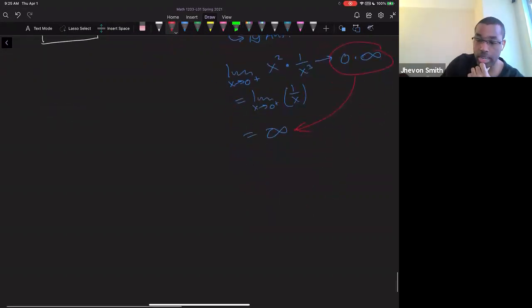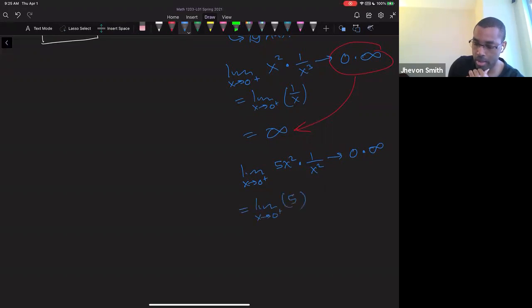I could also get it equal to anything. Like I could have the limit as x approaches 0 of 5x squared times 1 over x squared. Technically, this approaches 0 times infinity, but obviously this just simplifies to the limit of 5. So 5 is actually the answer. So over here, 0 times infinity is equal to 5.